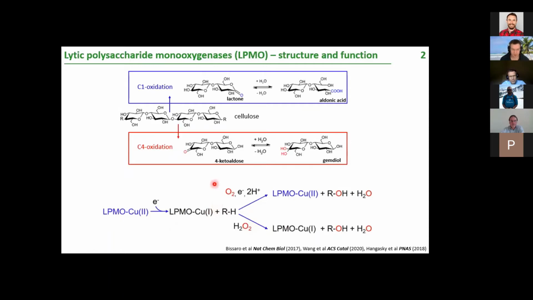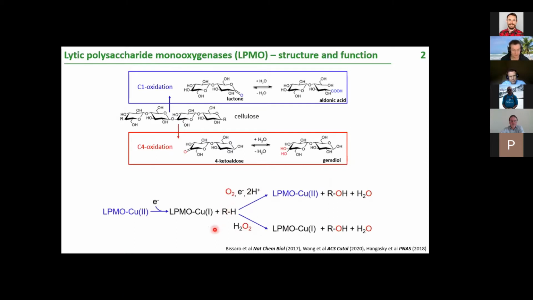So the original hypothesis was that they act with oxygen, hence the name monooxygenases, and then attack the substrate. Importantly, when we consider the interaction with oxygen, we need a second electron along this reaction pathway. And once the enzyme turns over, we end up in a copper 2 state. So here we again need to have an electron, oxygen binding, another electron, and so forth.